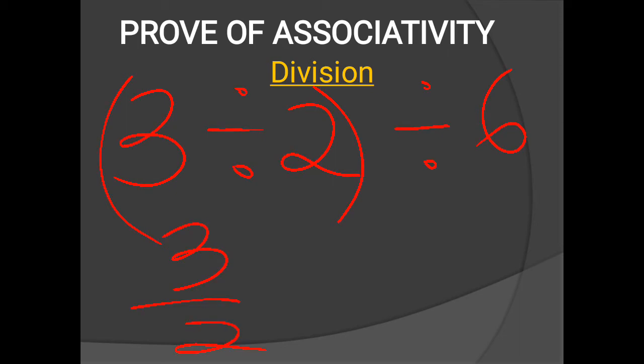So we have 3 over 2 divided by 6, which is going to be 3 over 2 times 1 over 6, the reciprocal.